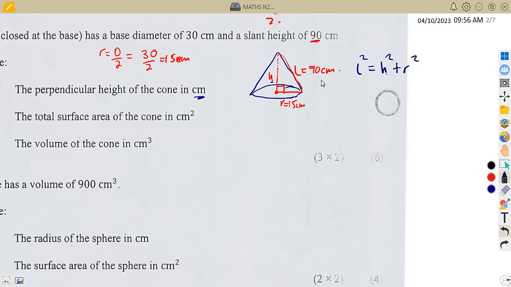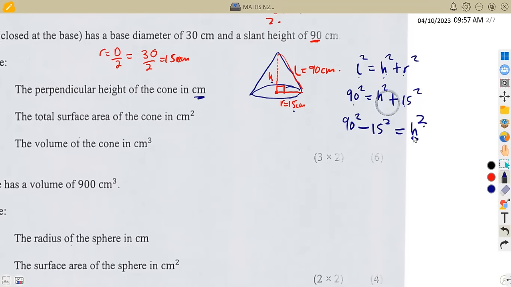So to find h, we can substitute L, which is 90: 90 squared is equal to h squared plus r squared, that is 15 squared. So to find h, you can transpose 15 squared, that is going to be 90 squared minus 15 squared, which is equal to h squared. As you can see, to find h, we simply have to determine the square root.